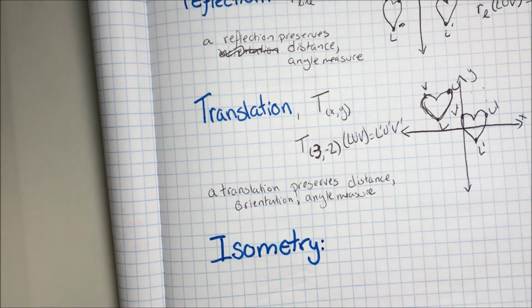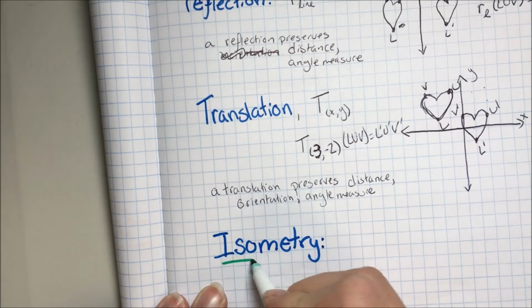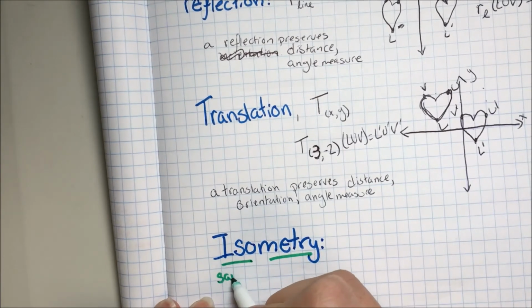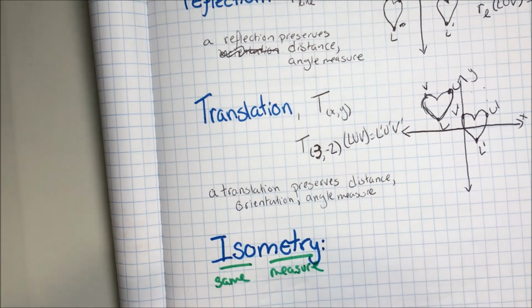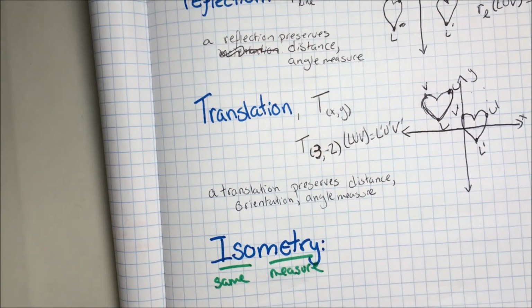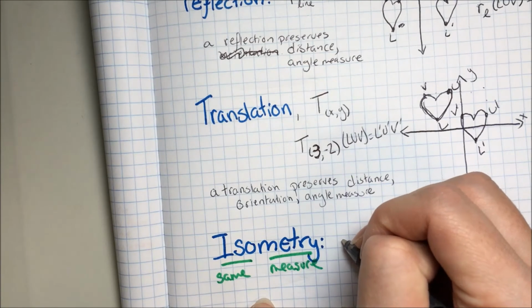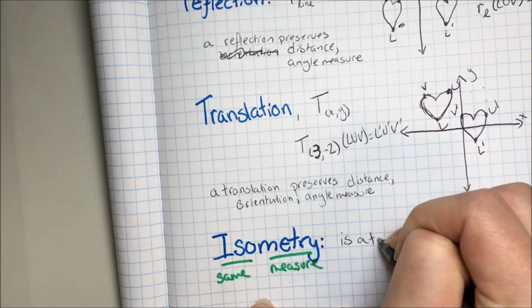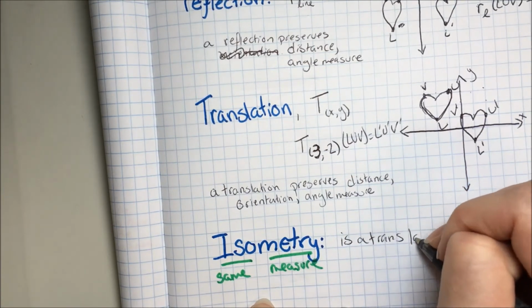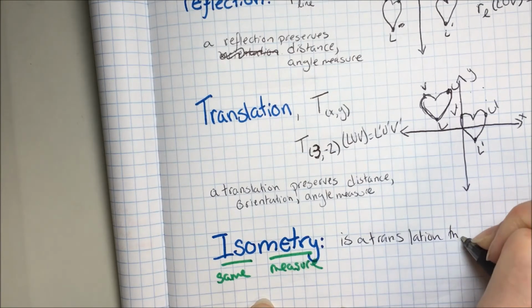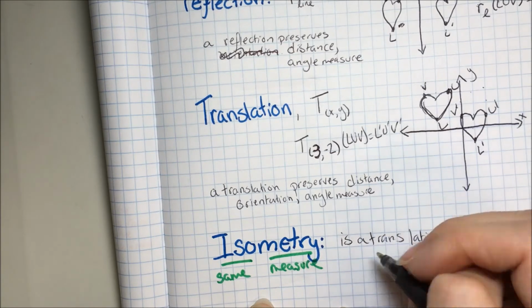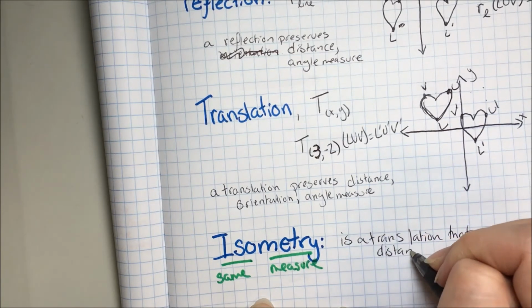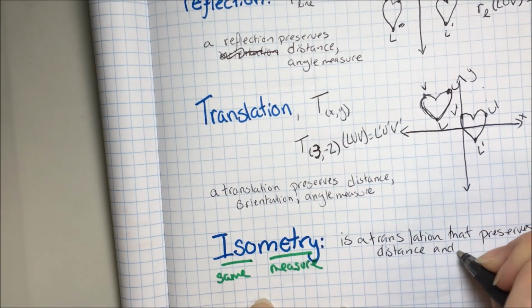An isometry literally means same measure. Iso means same, metry means measure. Okay? So an isometry is a transformation that preserves distance and angle measure.